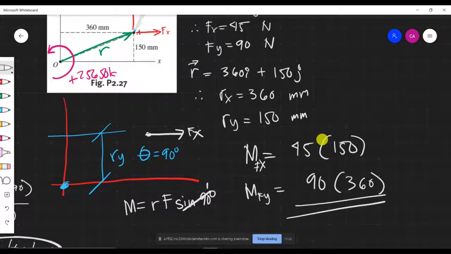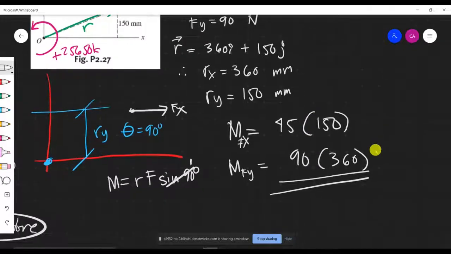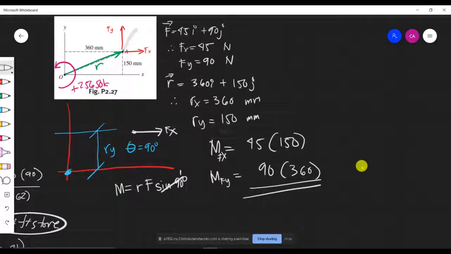Now, pag pinag-add natin yan, ilan? Parang iba. Hindi ko pala kinonsider yung rotation. So, yung consider ng rotation is itong si Fx nagkakos ng negative rotation.